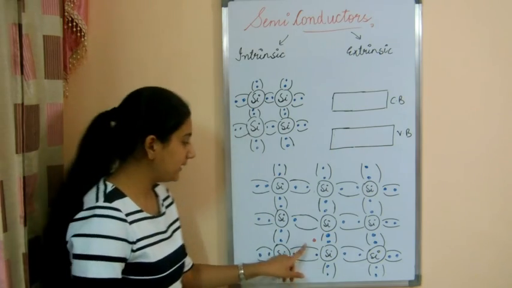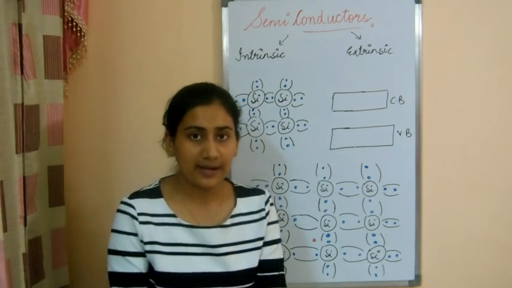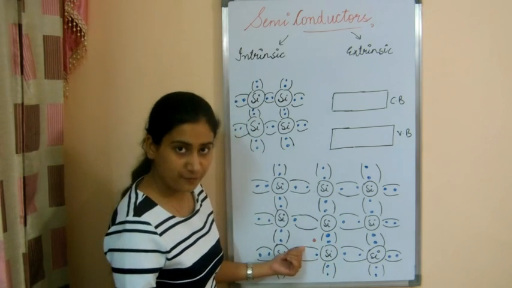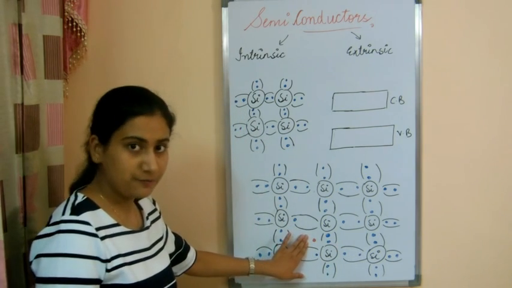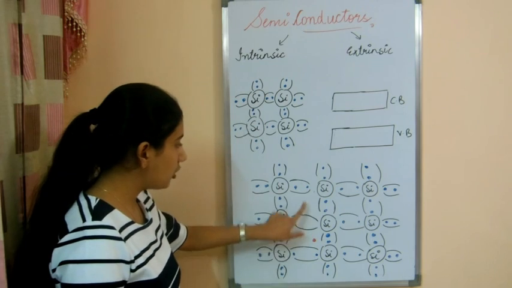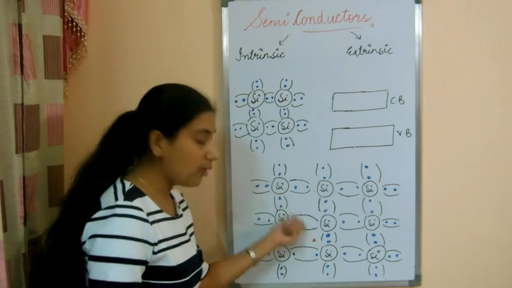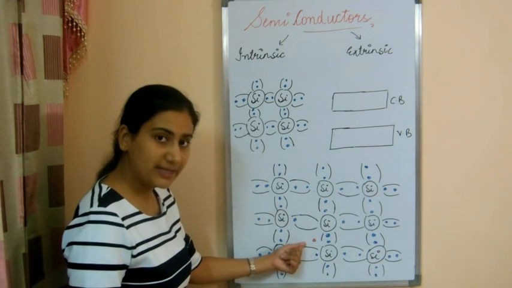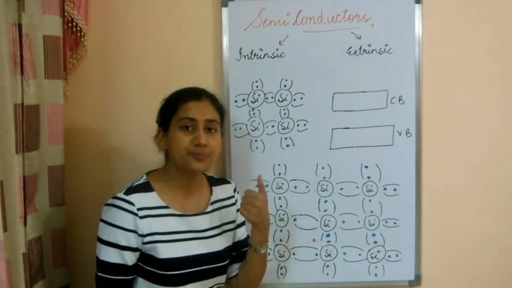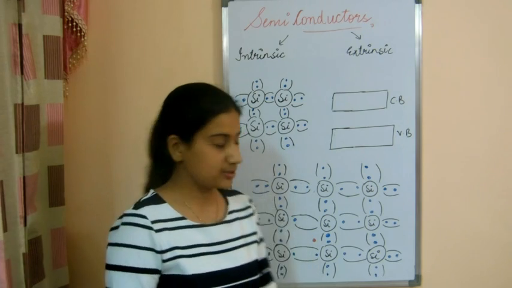So we get to know that the current is produced because of free electrons. So now we have got a free electron. Earlier this electron was at its valence position, so it was called a valence electron. Now it is free, so it is called a free electron, and the current is produced because of free electrons.